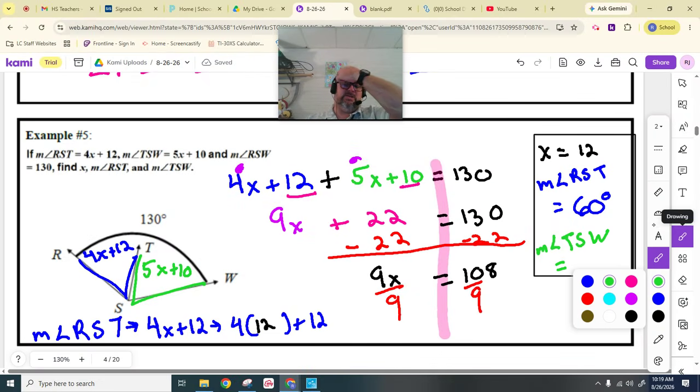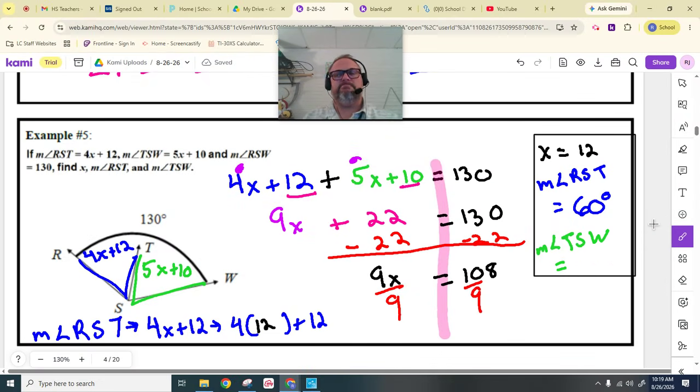We could plug it in, and we would have 5 times 12 plus 10. Or we could say 130 minus 60. Either way, we're going to get the same answer. It's 70.